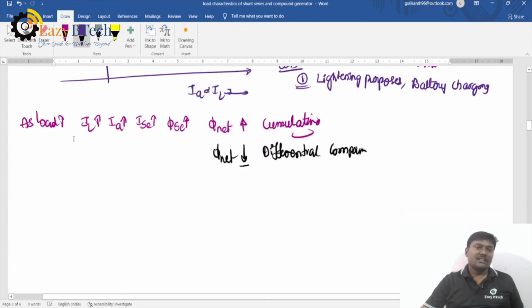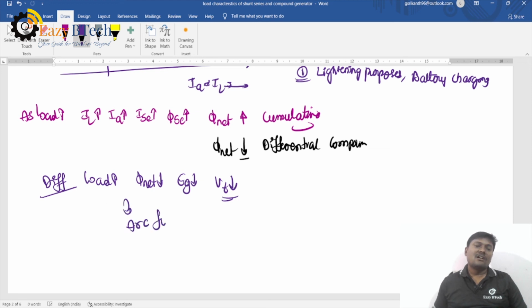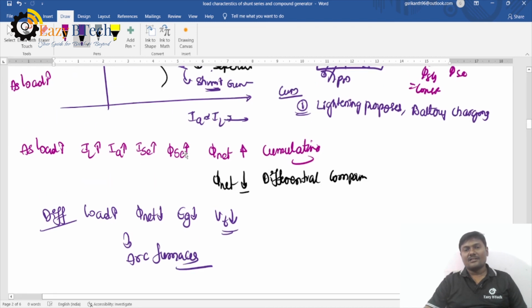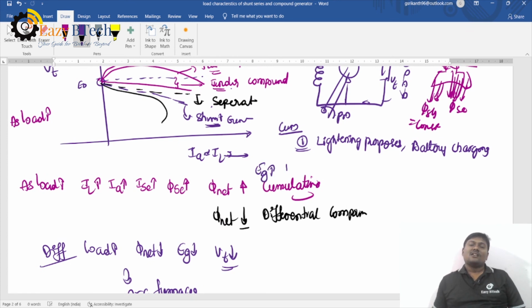If you go for the differential compound, as load increases, flux decreases, generated EMF decreases, Vt also decreases, and this is used in arc furnaces. If net flux increases, our generated EMF also increases, and our terminal voltage also increases.